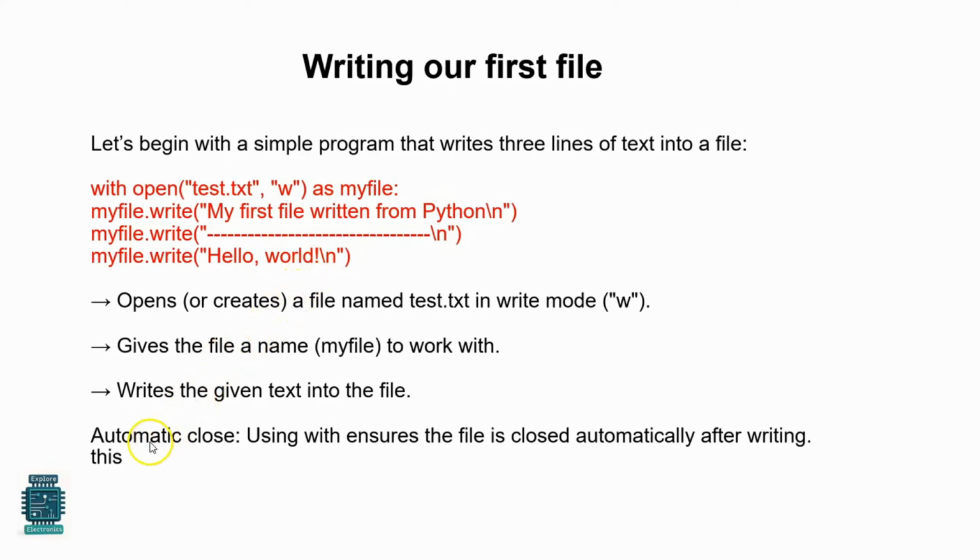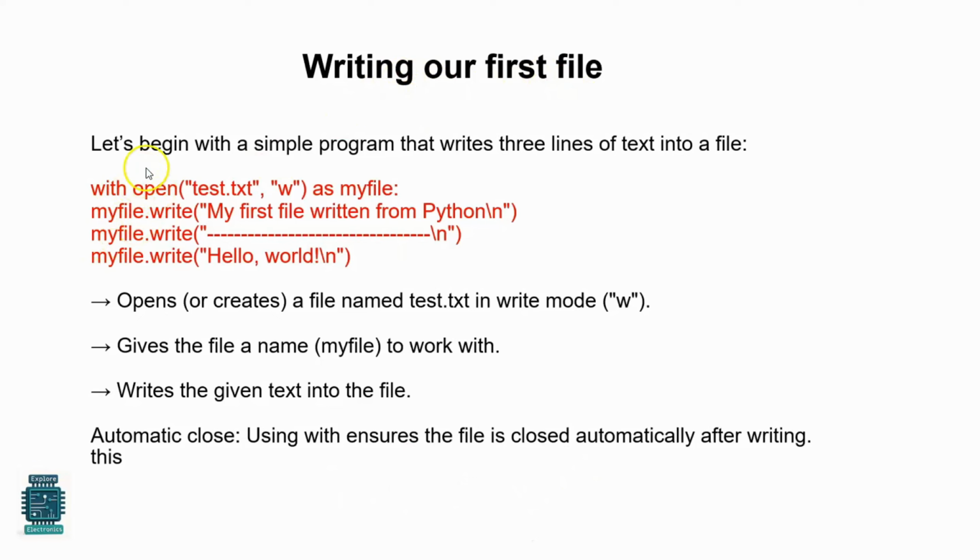Clear? Automatic close. Using with ensures the file is closed automatically after writing. Here the with statement ensures that the file is closed automatically, correctly and reliably, even if an error occurs.